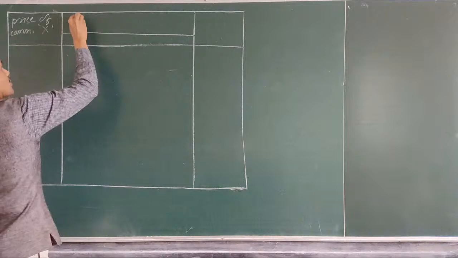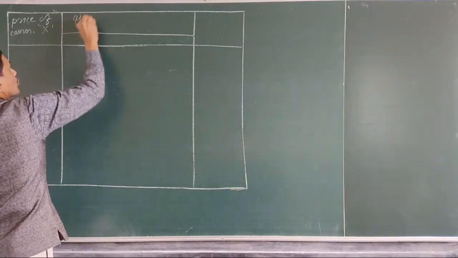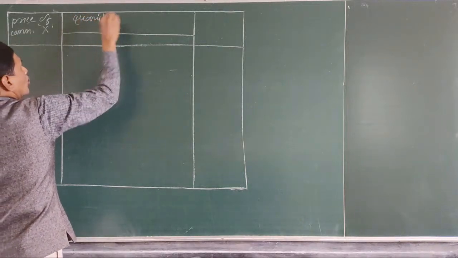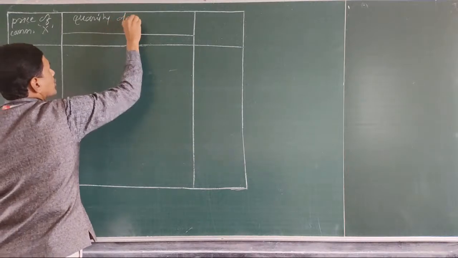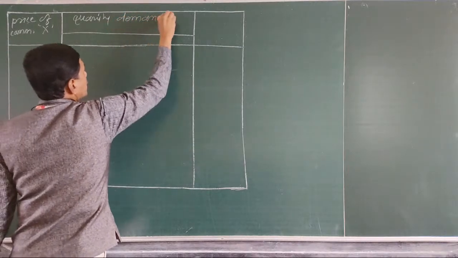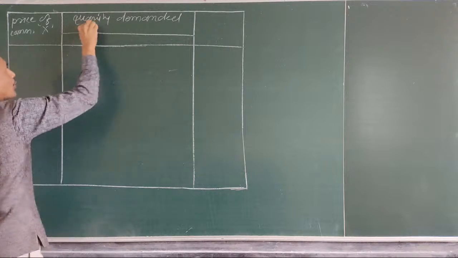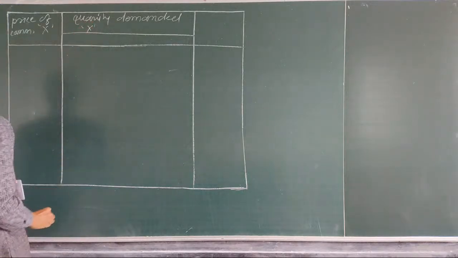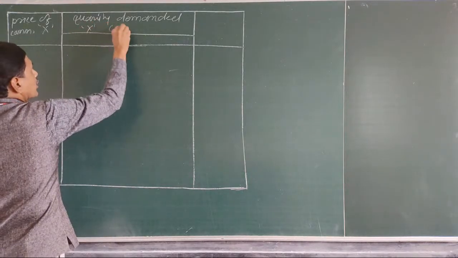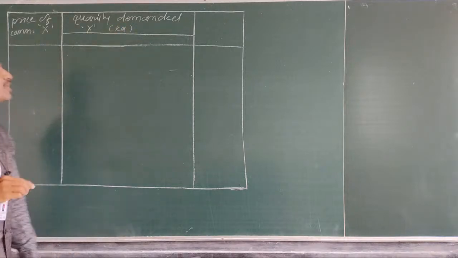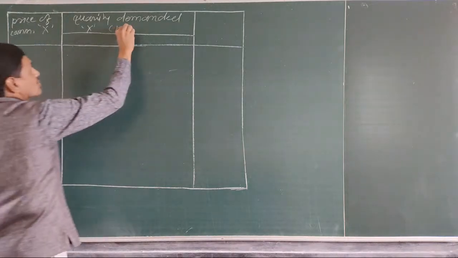And second is quantity demanded of commodity X in kilograms, kgs.